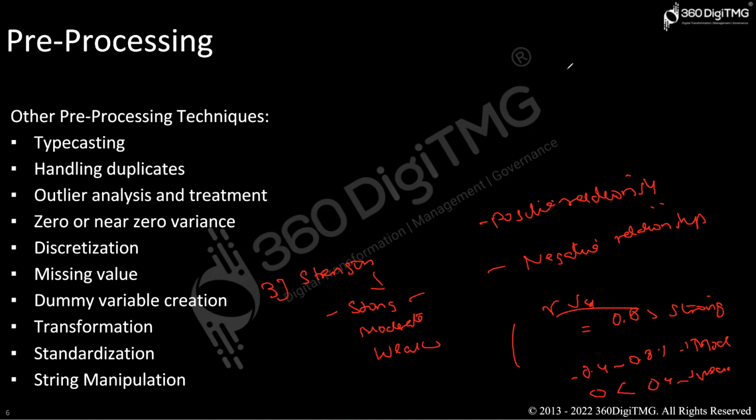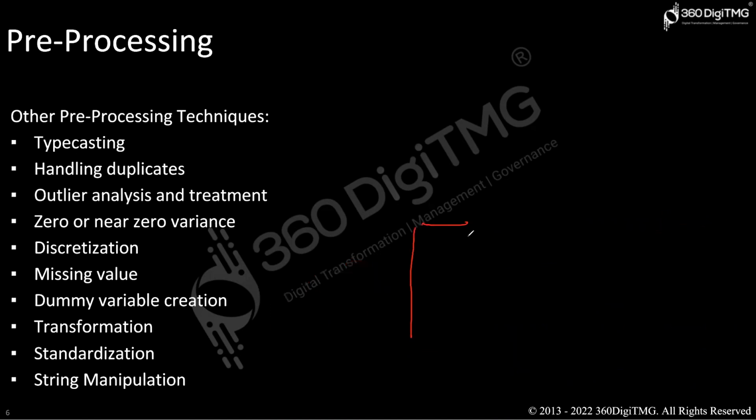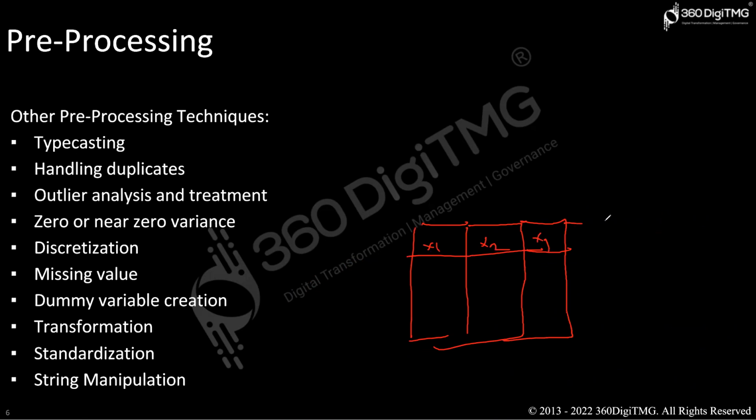When it comes to multivariate analysis, at the same time all variables play a vital role. All inputs create an impact on the output. That's called multilinear regression.